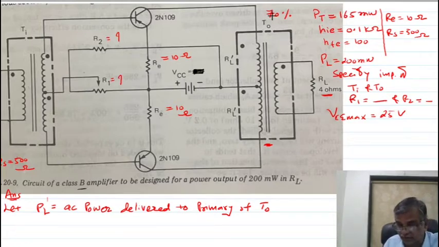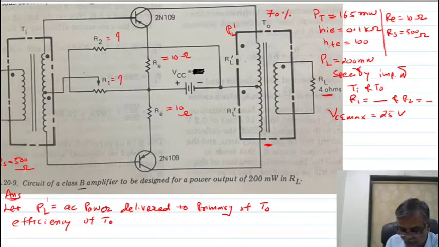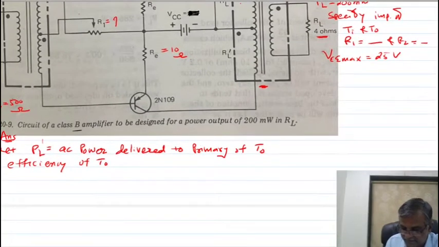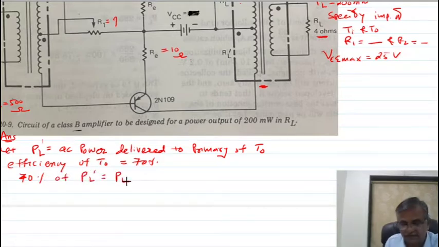So look here, what is the meaning of this? Whatever power is developed at the primary, 70% of it is transferred to PL. The efficiency of the transformer is 70%, it means 70% of PL dash is transferred to PL.